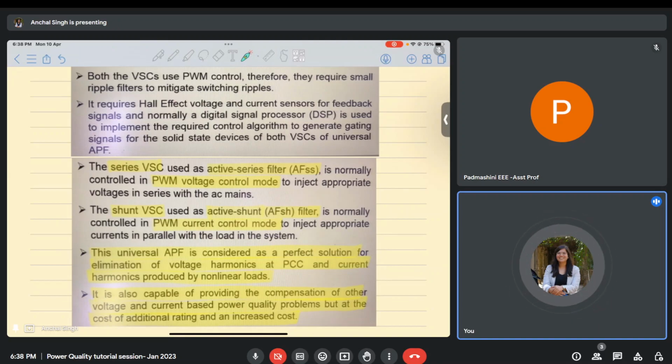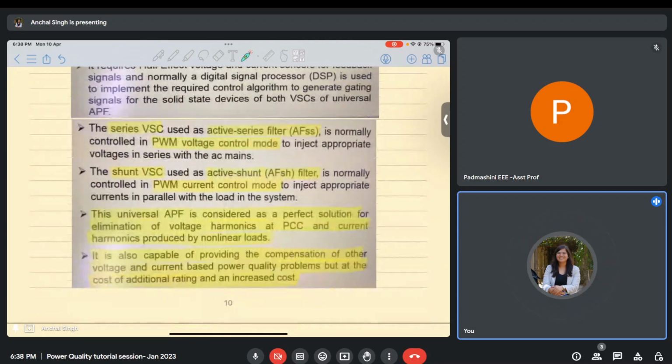Therefore, this universal active power filter is considered as a perfect solution for the elimination of both voltage harmonics and current harmonics. So if you have any doubt regarding what kind of system you want to put and you have a lot of money and there is no constraint, by default you can just put a universal active power filter there. It will take care of both voltage and current based power quality problems. Currently we are focusing on current harmonics and voltage harmonics.